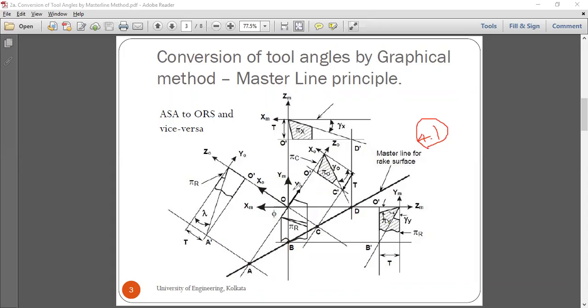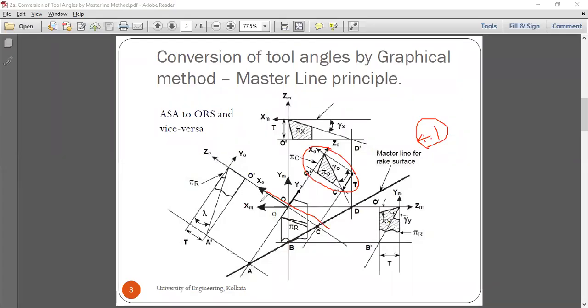Again, we section the tool along the pi o plane, that is perpendicular to the principal cutting edge, and we get the section here. This one is the section, and here we are getting the gamma o.